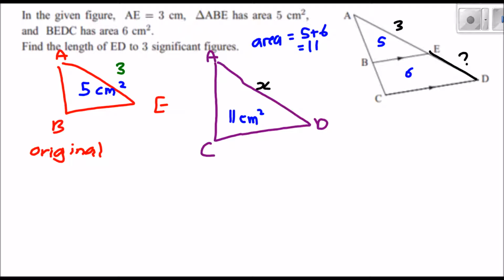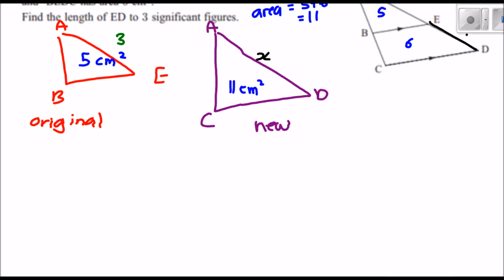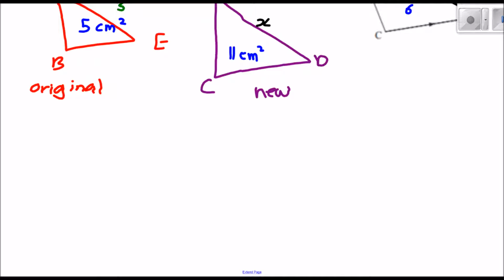So remember k, oh, I forgot to do this one. This one is the new one. So remember, k squared is the ratio of the new area over the original area. We're going to use that again. So k squared equals total new area, the width on the top, and the original area on the bottom.